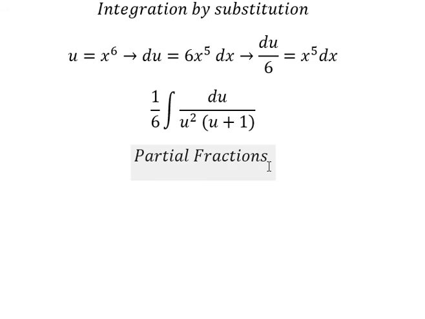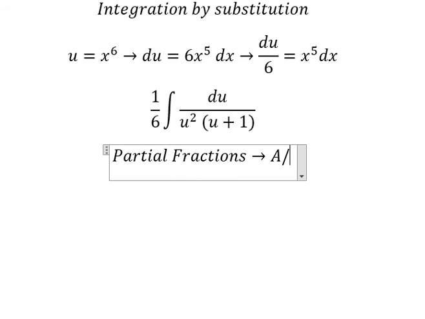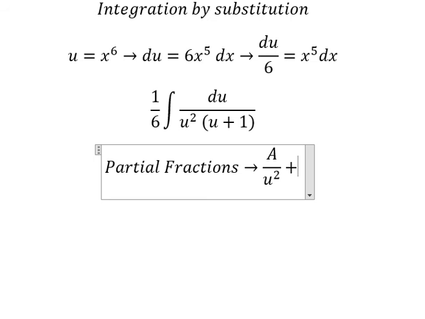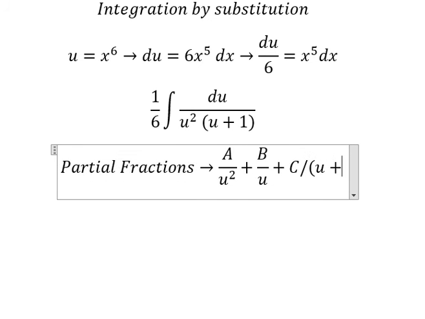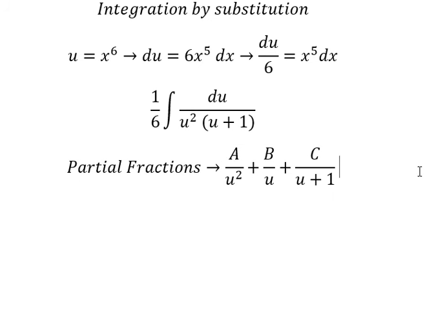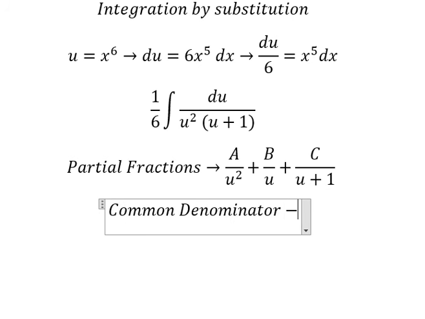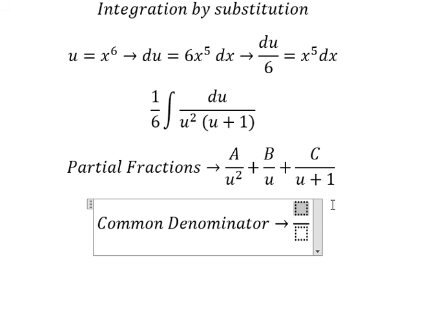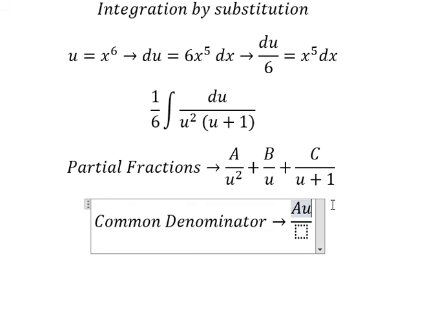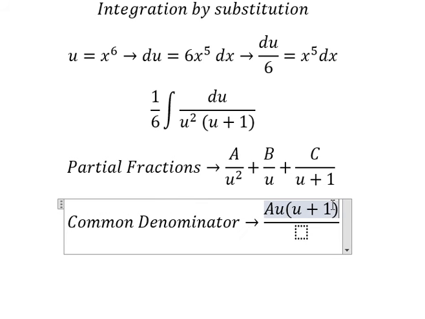So I will put capital A over u square, capital B over u, and capital C over u plus 1. Next, we do common denominator. So about capital A, we multiply by u with u plus 1.